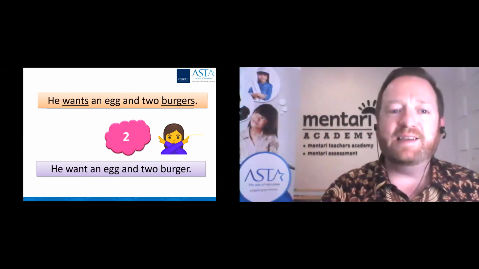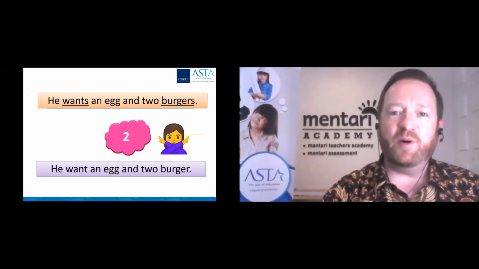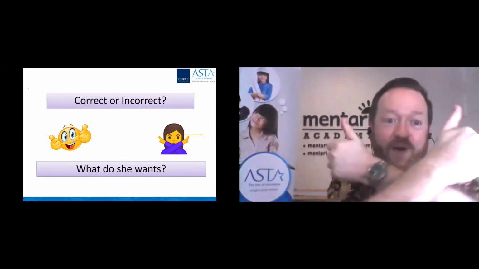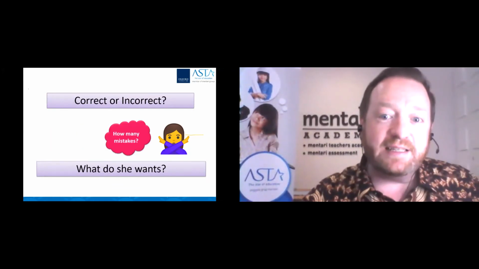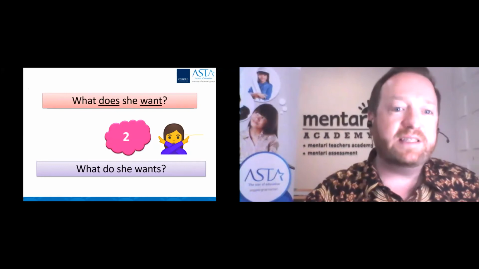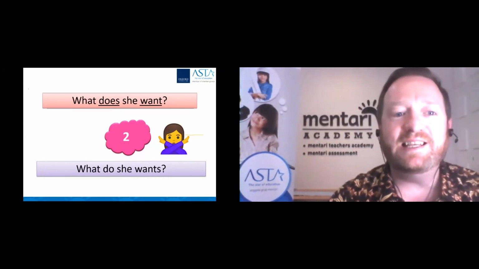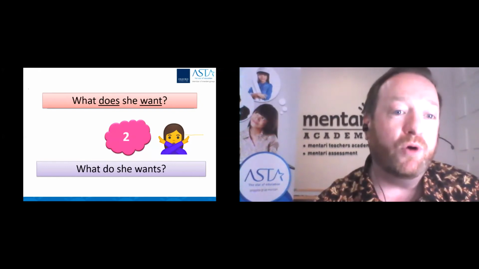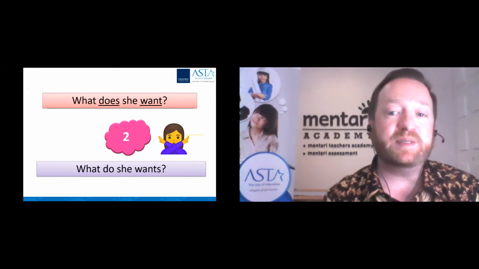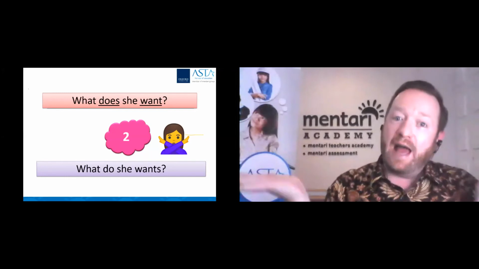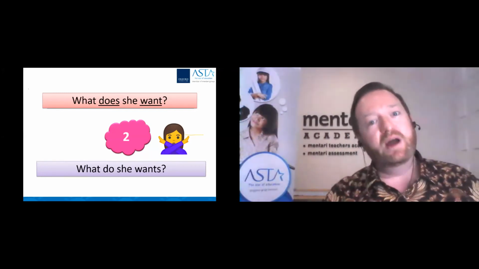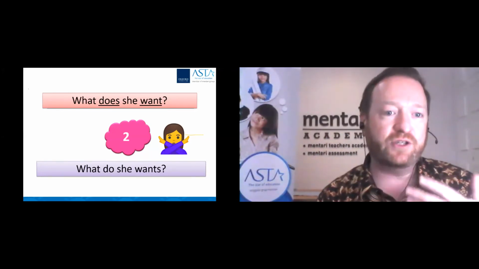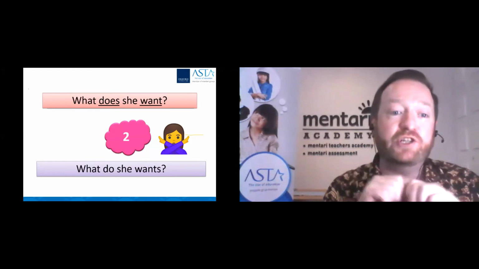So this activity, you put a sentence on the bottom, correct or incorrect, how many mistakes, good, what are the mistakes? So this is an easy interactive way to check grammar before you do something like a worksheet for homework, perhaps. Correct or incorrect, how many mistakes, 2, and then I choose a student to say, or they can type in the chat box as well.